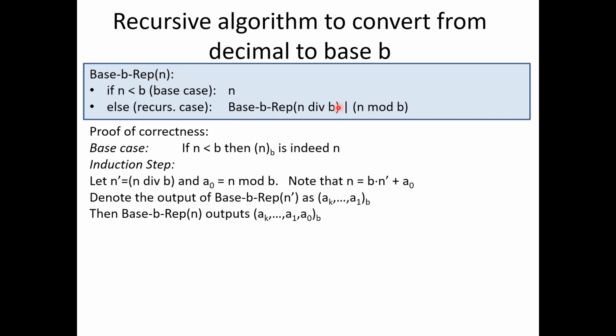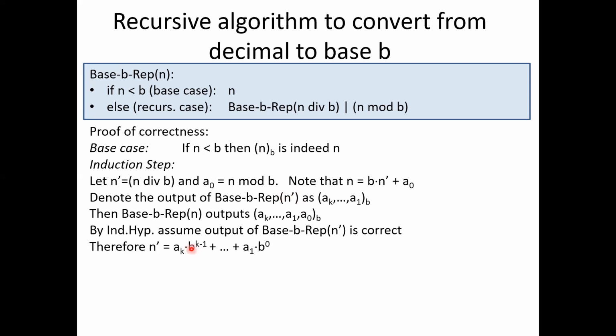It's whatever this thing returns, and concatenated at the end, the n mod b, which we call a0 here. So it's going to return this. Now, under the inductive assumption, this stuff is a correct base b representation of n prime. This equation has to hold, because that's what it means for this string to be a correct base b representation of n prime. So you know this.